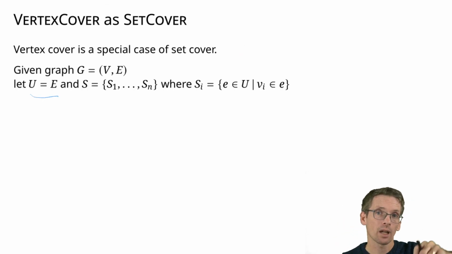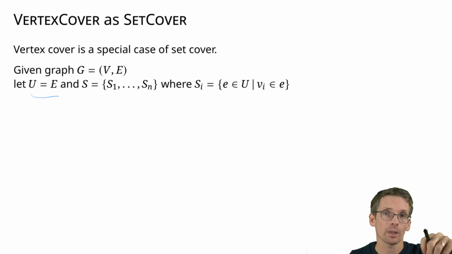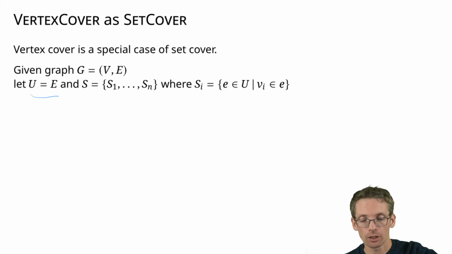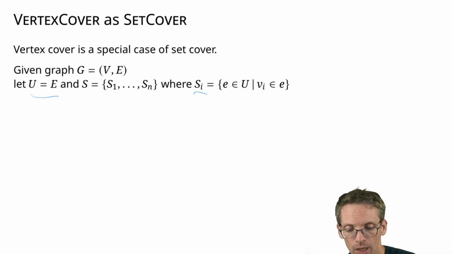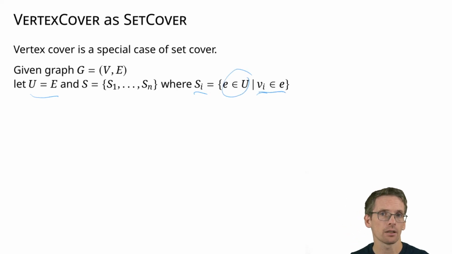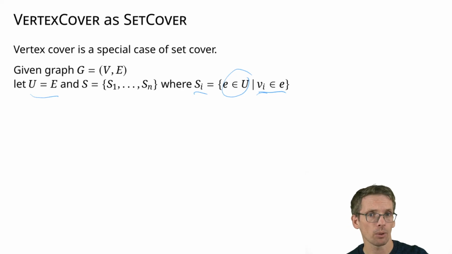And now we cover the edges by selecting vertices, and when I select a vertex, it covers the incident edges. So for every vertex v_i, I have a set S_i, and I exactly get the edges where v_i is incident, where v_i is one of the endpoints.